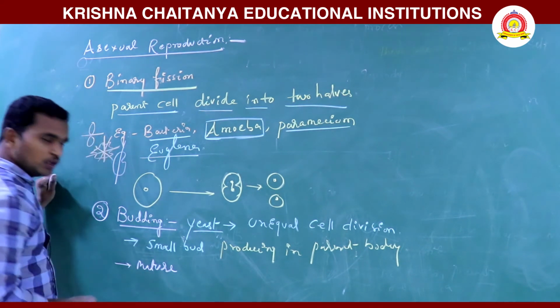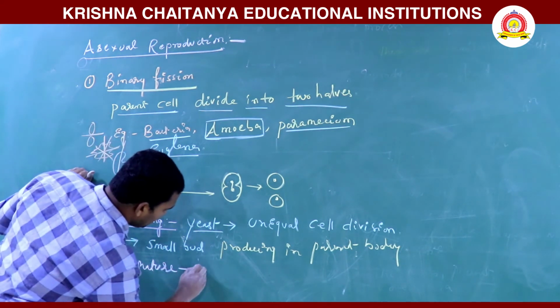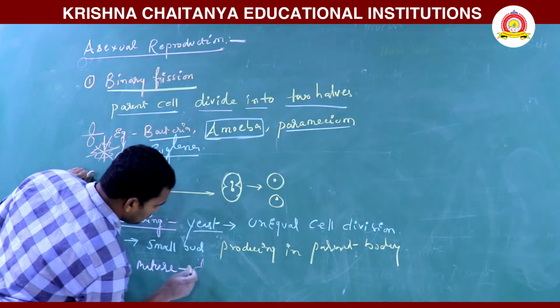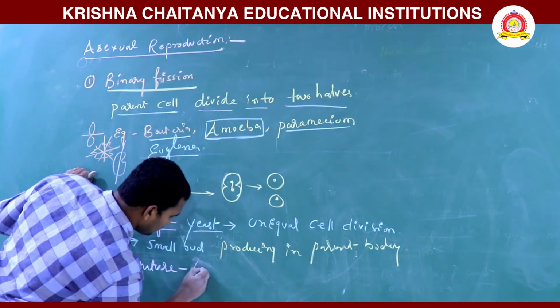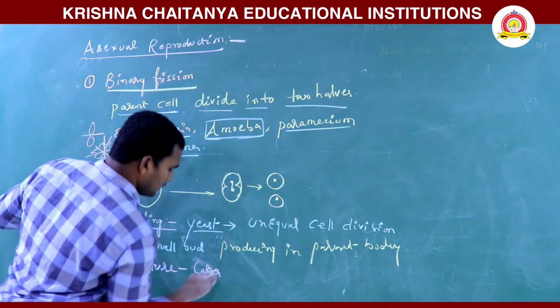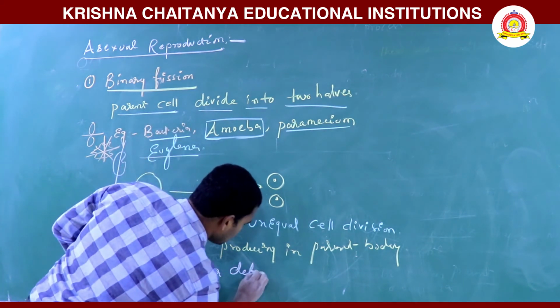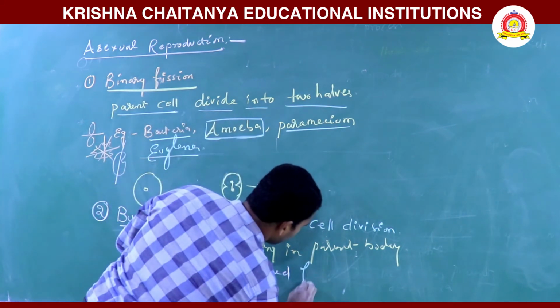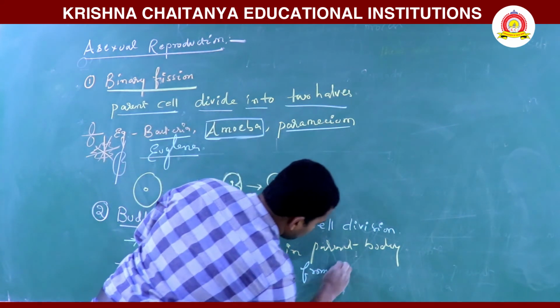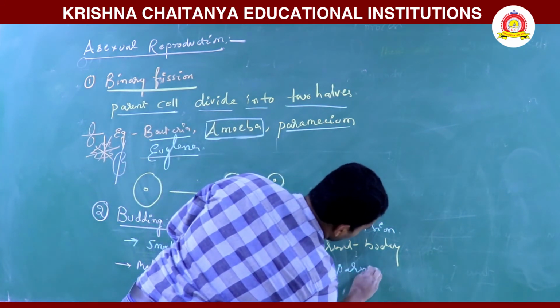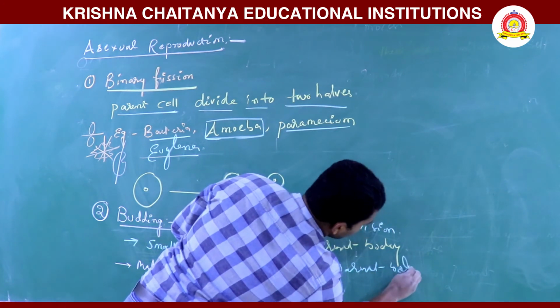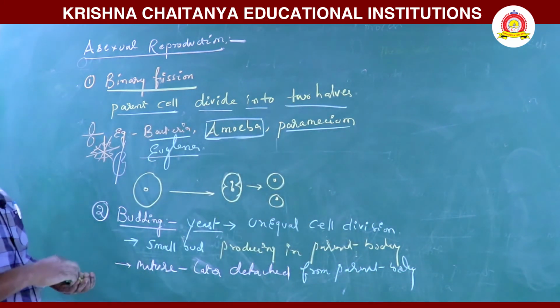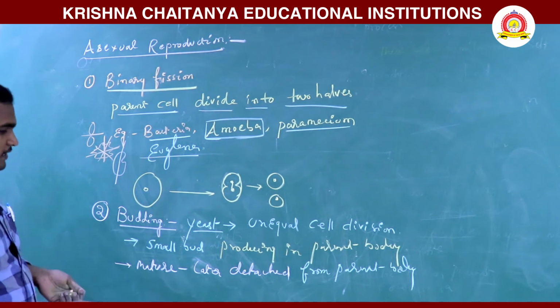After it is mature, it is later detached from the parent body, then it grows into new yeast cells.